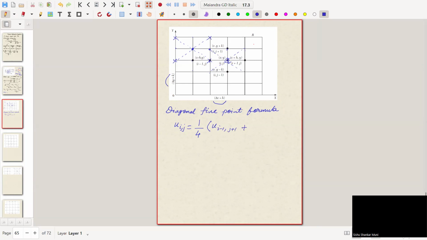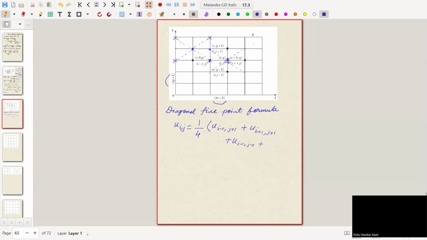Plus, you are here. You want to find the coordinate of this point. Go to the right, that means i plus 1. Go above again, that means j plus 1: u i plus 1, comma j plus 1. Plus, you are here. You want to go here. How? Go down, i minus 1. Go toward the left, j minus 1.